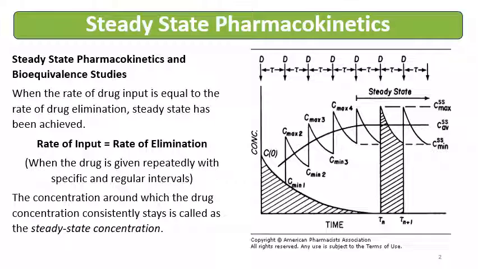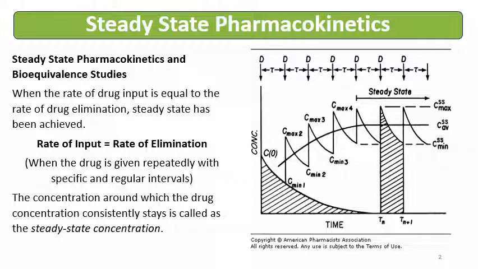And this doesn't come from the first dose or second dose or third dose. Generally, the achievement of steady state requires a minimum of 5 to 6 half-lives or 5 to 6 dosings, and after that the steady state is achieved.